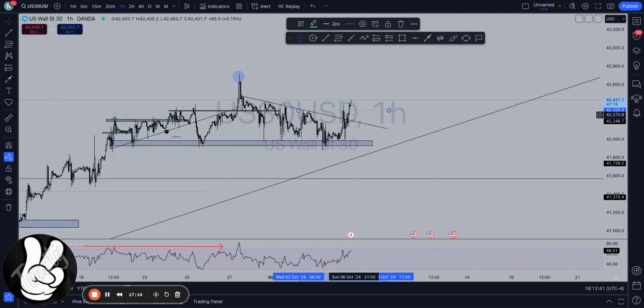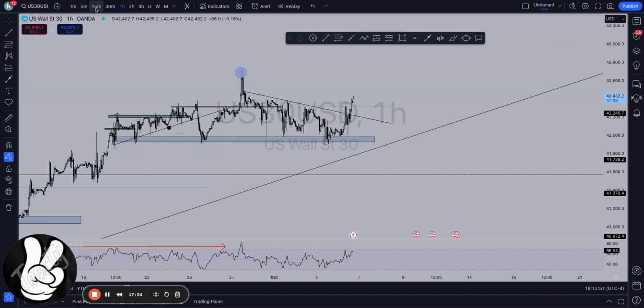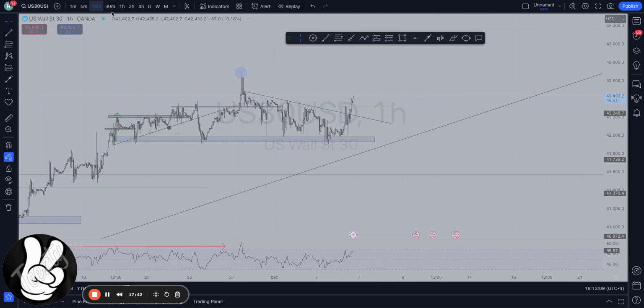Right now, price is pushing all the way up. I want to see if it retests this trend line again one more time, because it broke right here, but it never gave us a valid retest of this trend line or a valid retest of any structure.